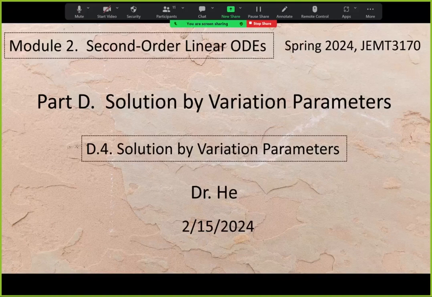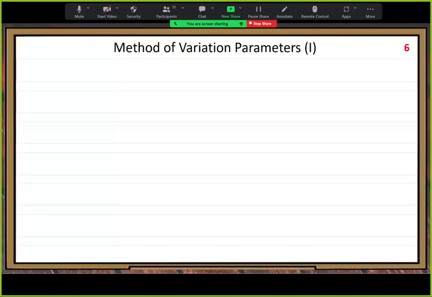D.4. Now, the main topic of this part: solution by variation of parameters. Method of variation of parameters, part 1. This part is much harder than the method of undetermined coefficients, which is pretty simple.